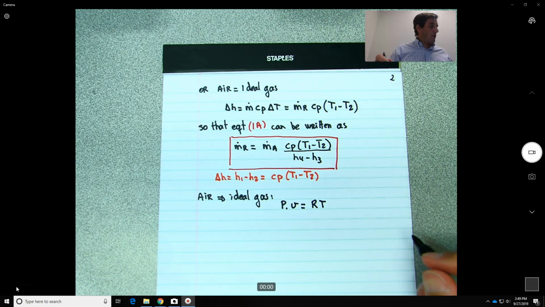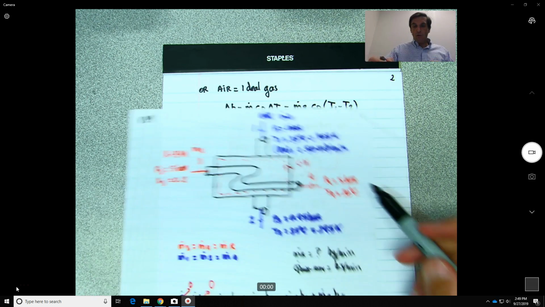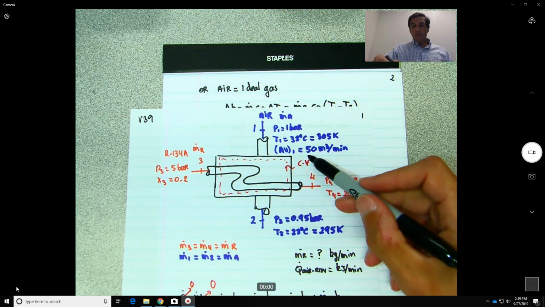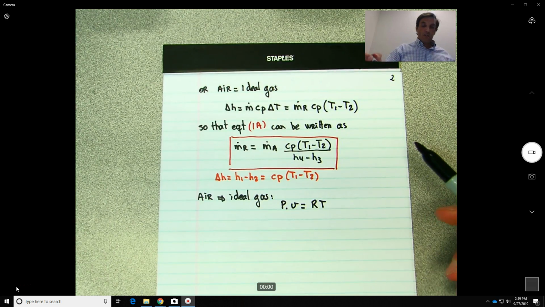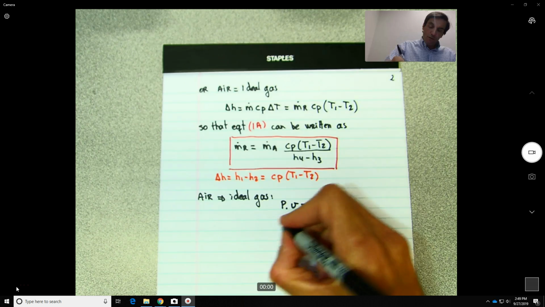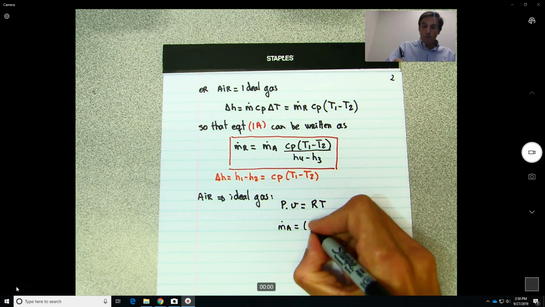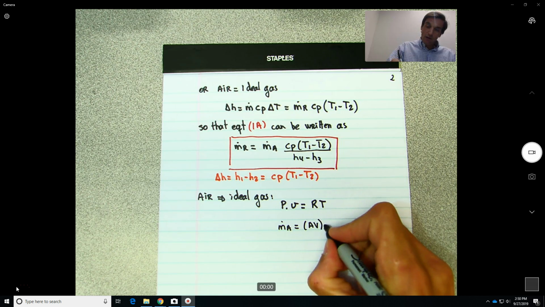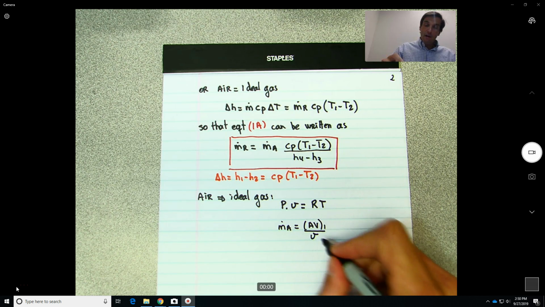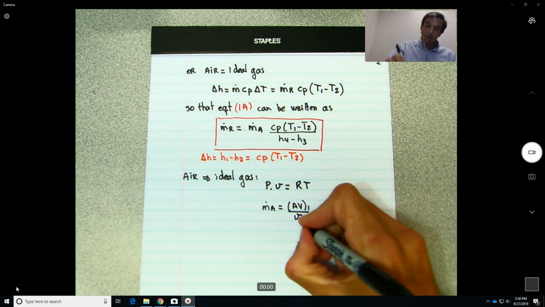If you look at the figure, at 1 we know even the volumetric flow rate. And what is the definition of the mass flow? It would be M of air, equal to the volumetric flow rate at 1 divided by the specific volume V1.